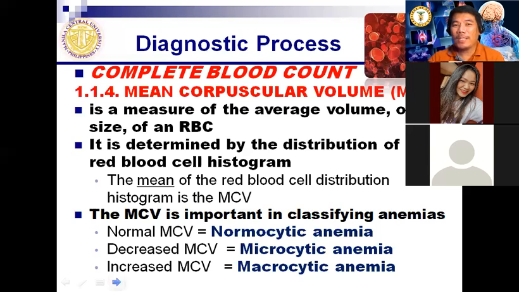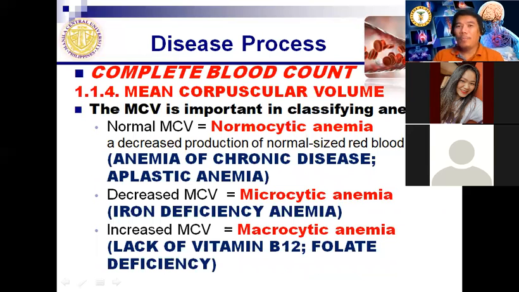We have identified last time what the normocytic, microcytic, and macrocytic anemias are. For normocytic anemia, we mentioned normal size of the red blood cell, but there is decreased production. So it is still anemia. These are the anemias of chronic diseases, such as those from autoimmune diseases like lupus, chronic kidney problems, and hemolytic disorders.